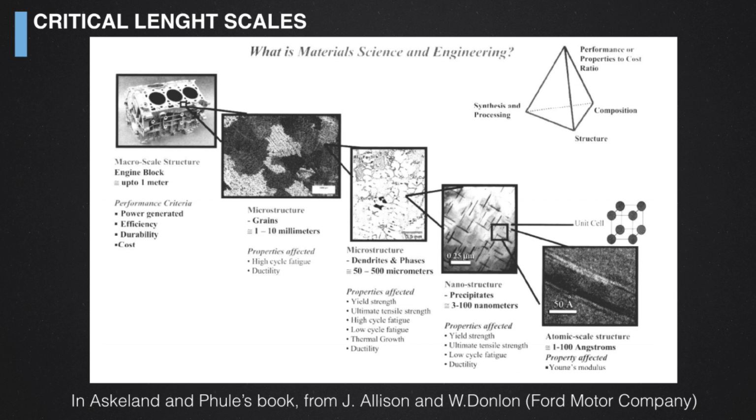Other objects, like for example the monocrystalline silicon cylinders, have one single very big macroscopic grain. So this is a very particular case. If you have a single crystal, you have also anisotropy in its properties, because depending on the direction on which you stress or you analyze the properties of the material, you will find different numbers.